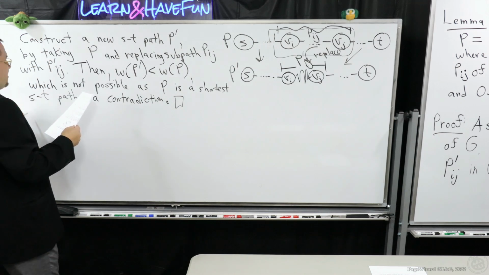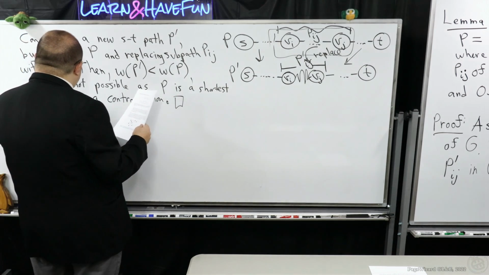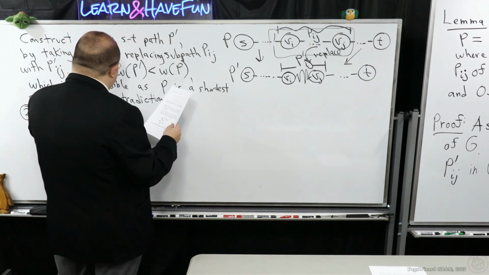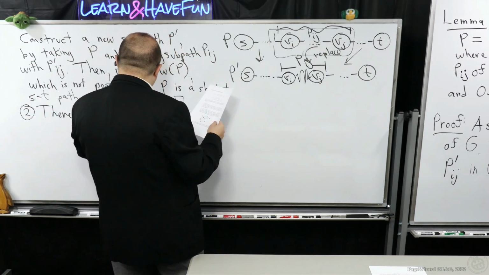So that brings me to the second property here. There is a tree, particularly if the graph is connected, it's a spanning tree.